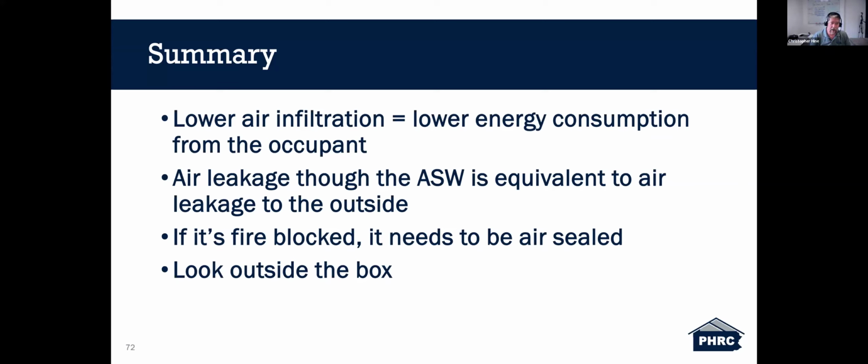And whether it stops at the electrical boxes or at all of our fire blocking with added air sealing techniques, we need to stop that air movement. If it's fire blocked, then it needs to be air sealed. And sometimes we have to look outside of the box, and that may mean different details.